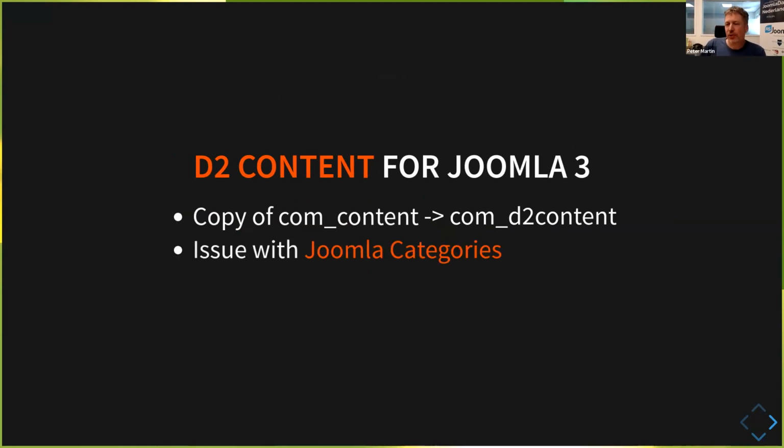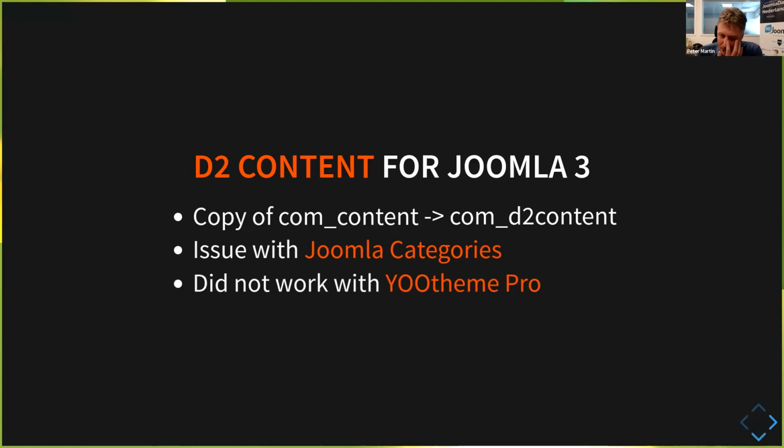We had a couple of issues with the Joomla categories, because when you create content in Joomla, it expects to work with com_content when you go to the categories. And as we were working with com_d2content, we could not do it in a nice way.